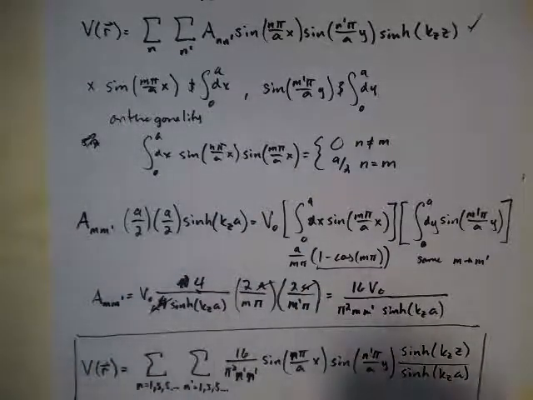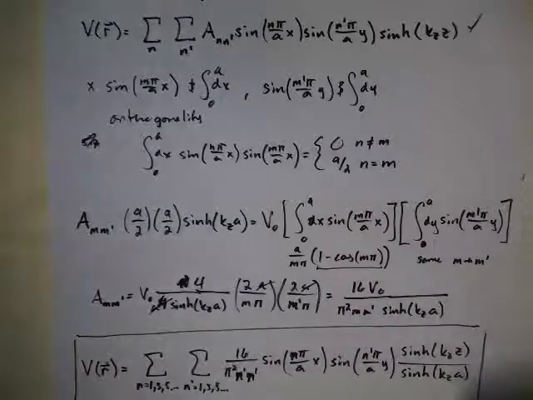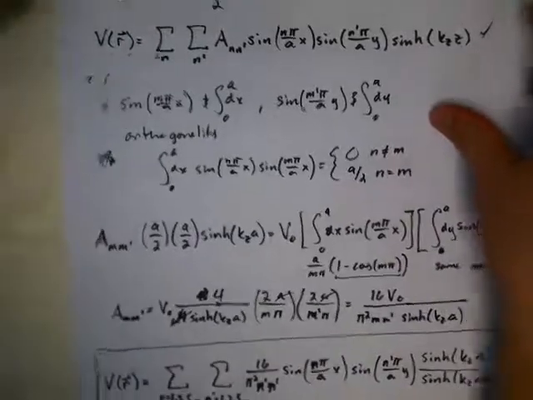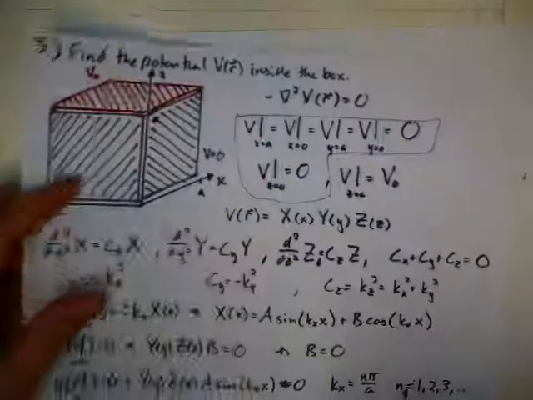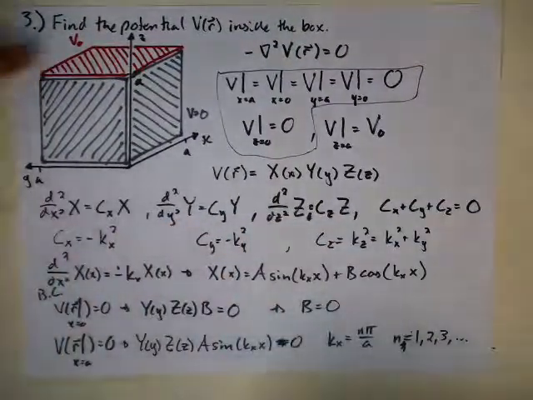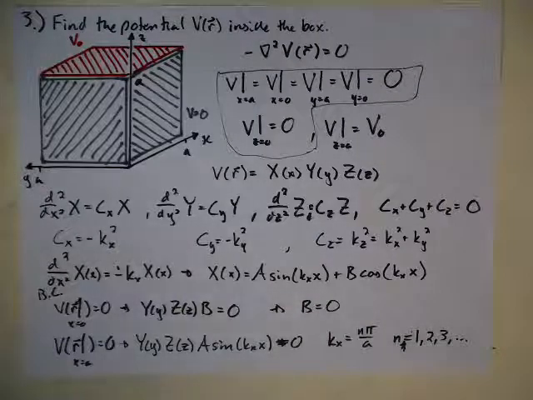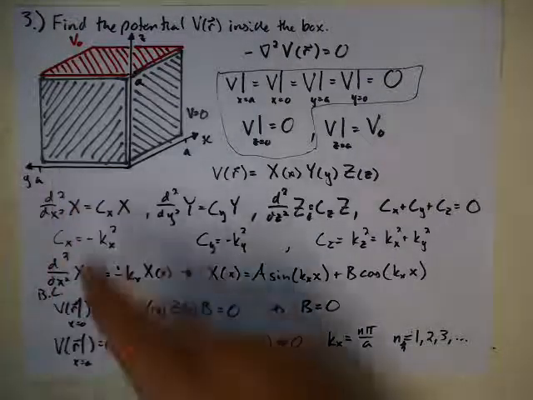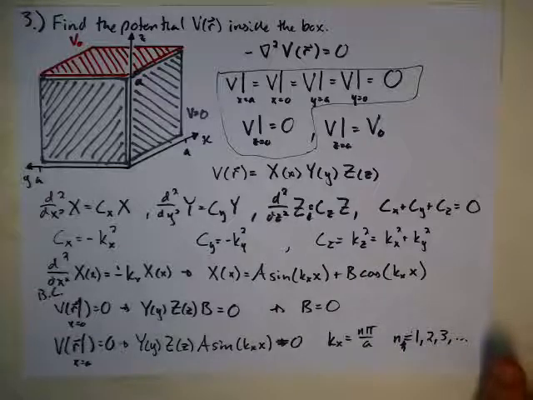Now the final thing that we were supposed to do is check this somehow. And if we go back and look at the symmetry of the problem that we started with, the symmetry of the problem is we have a box where one of the 6 sides is at positive v0 and the other 5 are at 0.